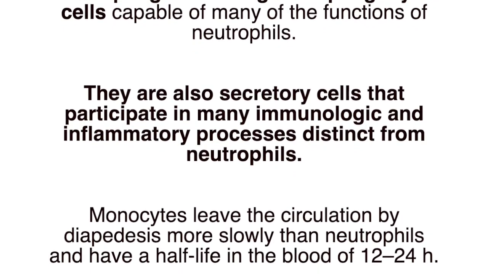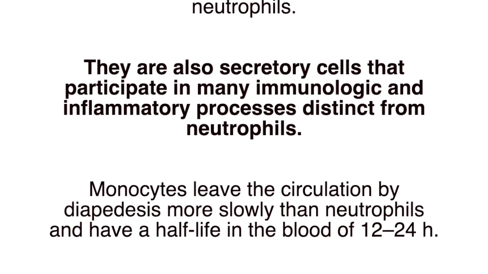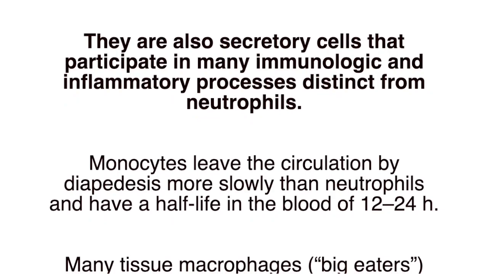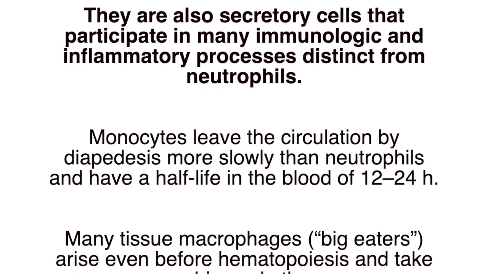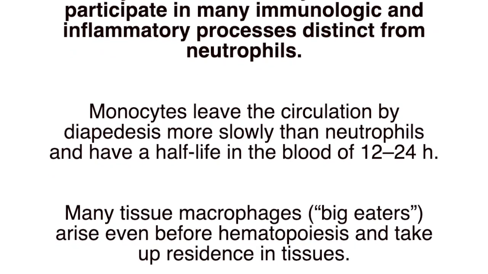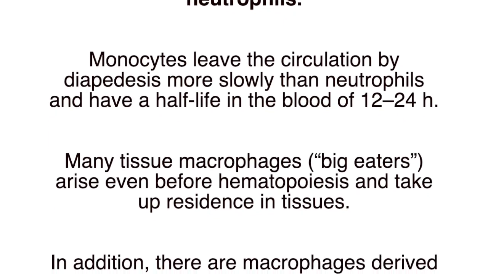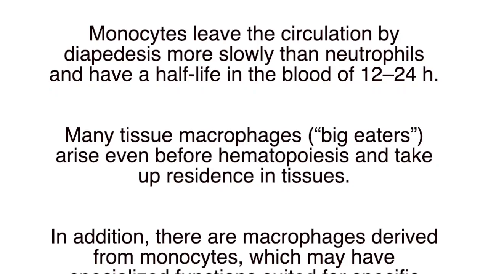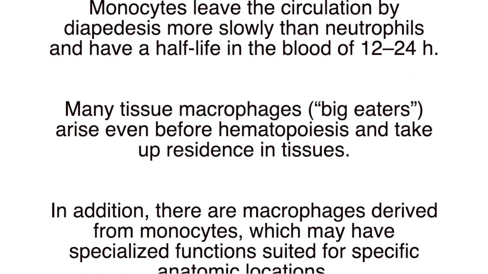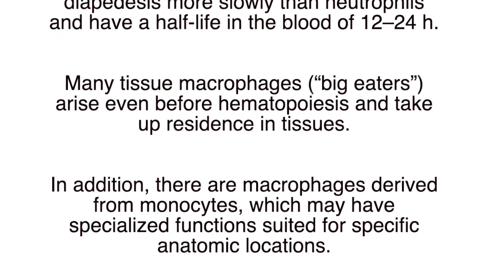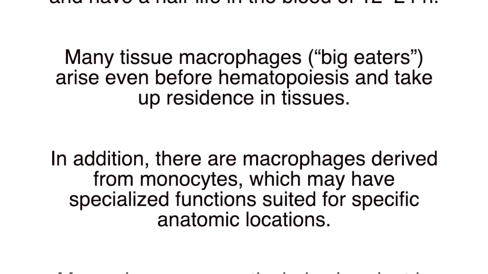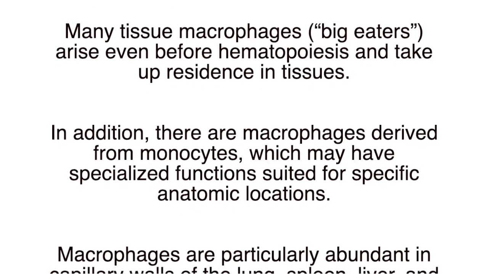Monocytes leave the circulation by diapedesis more slowly than neutrophils and have a half-life in the blood of 12 to 24 hours. Many tissue macrophages, so-called big eaters, arise even before hematopoiesis and take up residence in tissues.